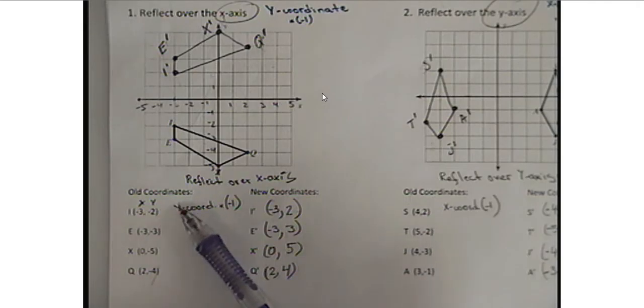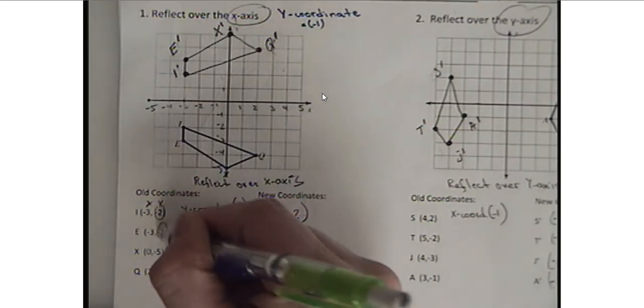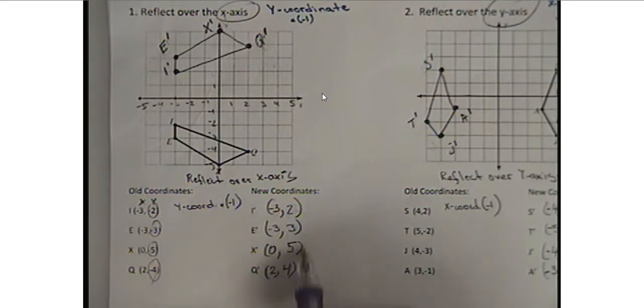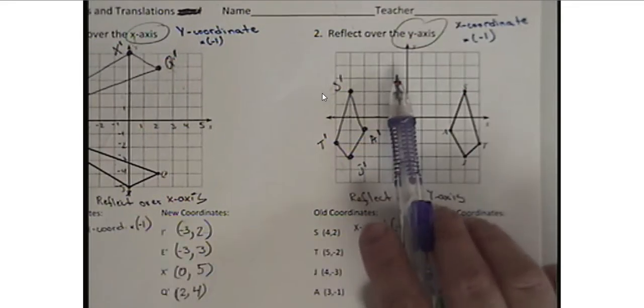And how does it change? You multiply by -1 every single number from the y coordinate. So when you multiply those by -1, all of your y will change, in this case, to positive, and x coordinates stay the same. Reflection over the y-axis is the opposite of that.